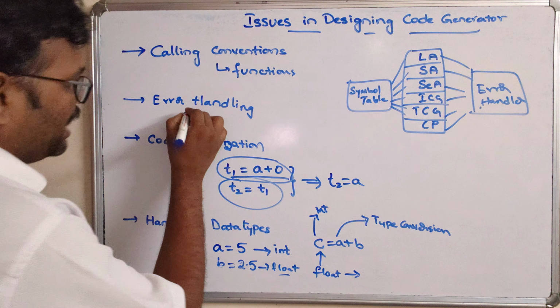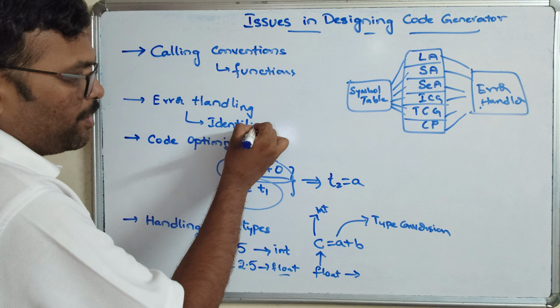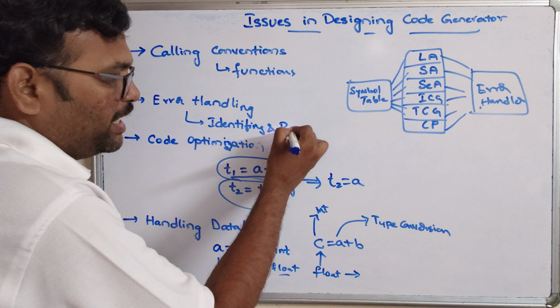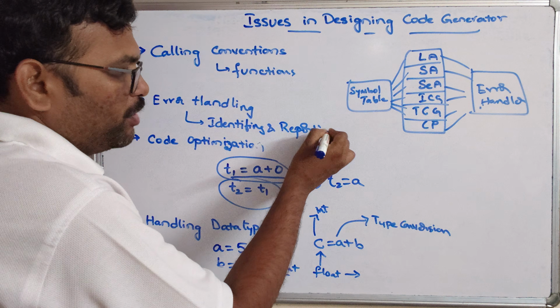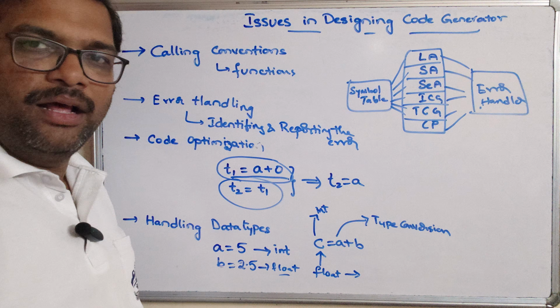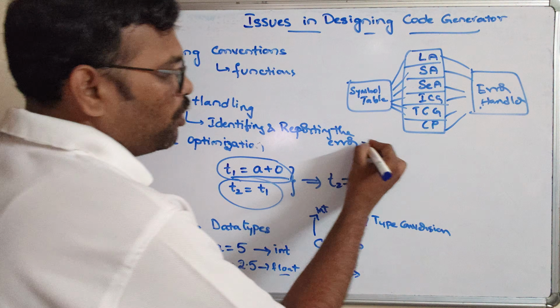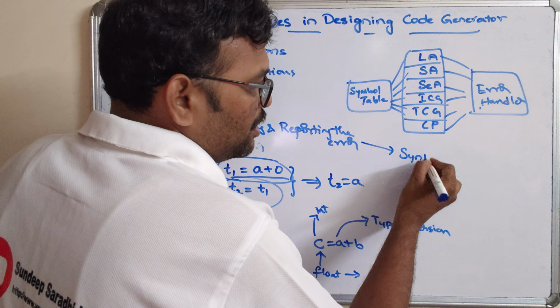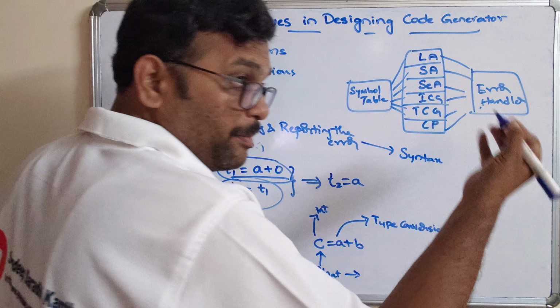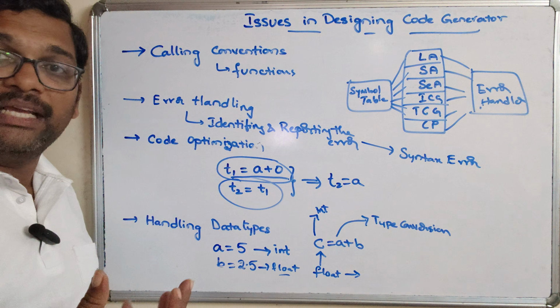So error handling means identifying and reporting the errors. So if any error occurs, automatically that should be reported, and these errors we call syntax errors. So we have studied in our programming language that syntax errors are identified by the compiler.